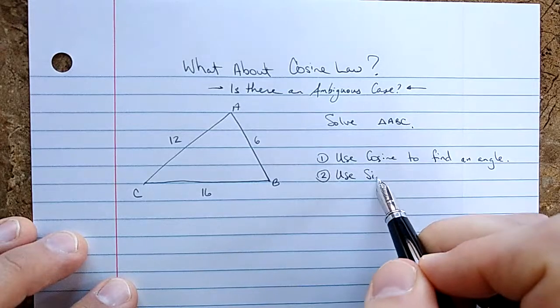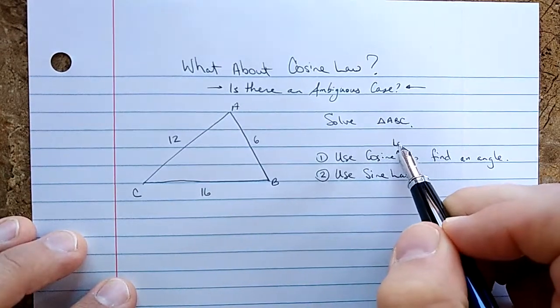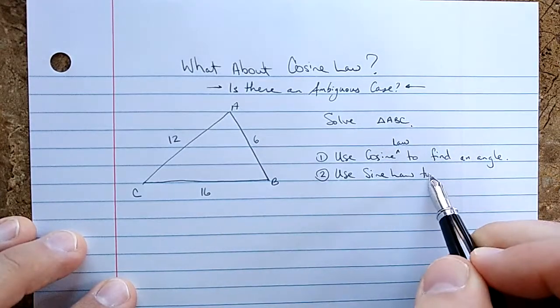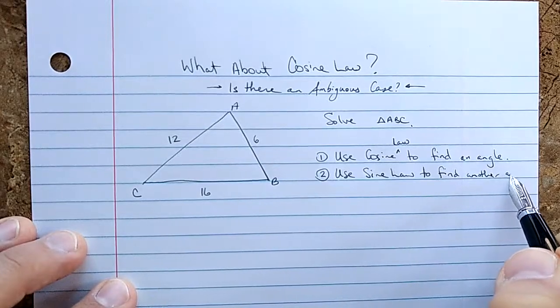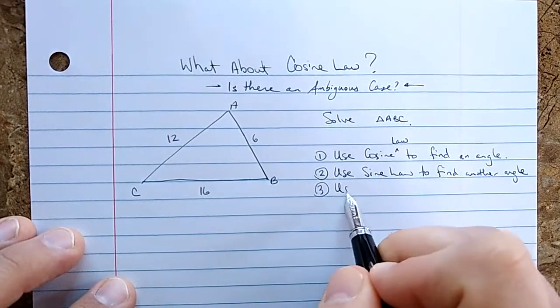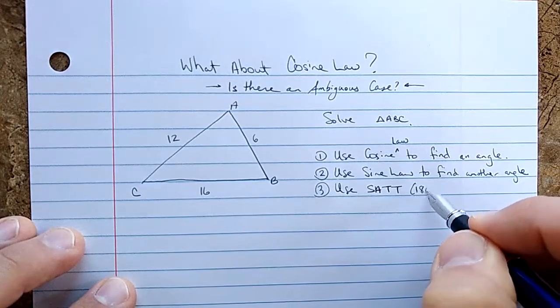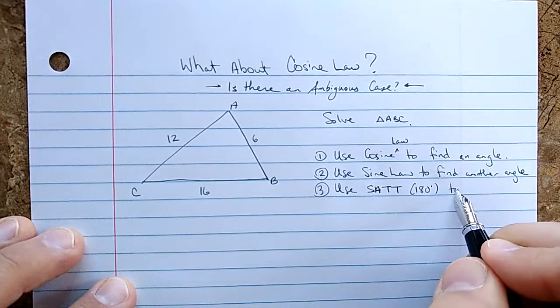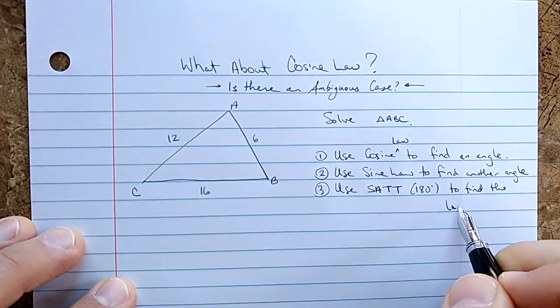Oh, I'm sorry, I forgot the word law. Use the sine law to find another angle. And once we have two angles, we can use the sum of the angles in a triangle theorem, that's the 180-degree thing, to find the last angle.